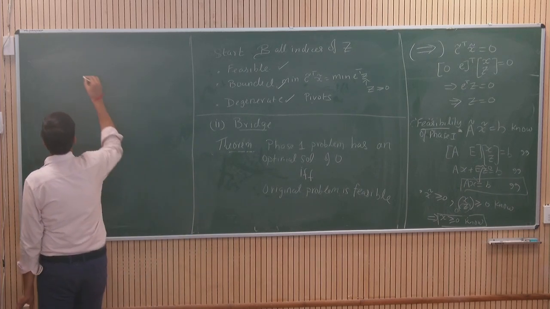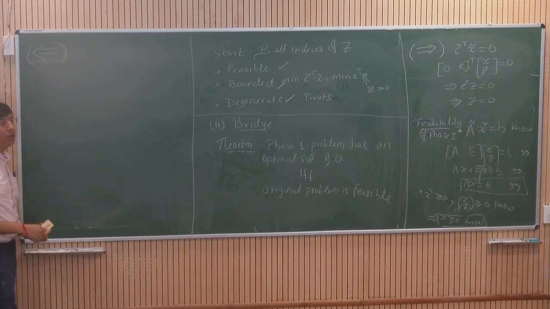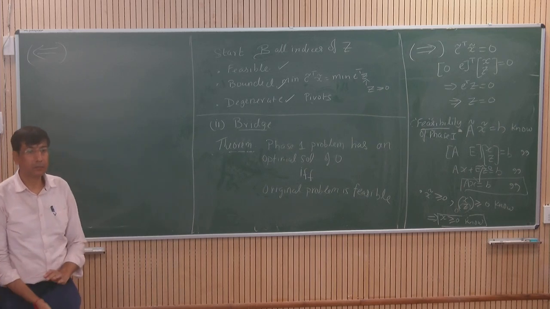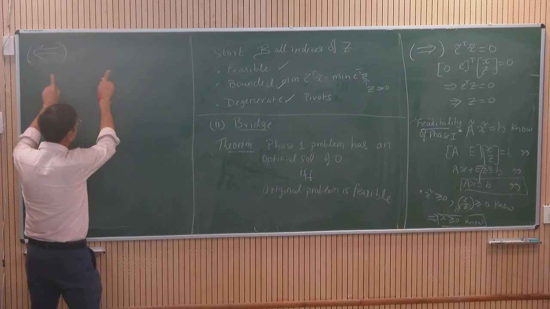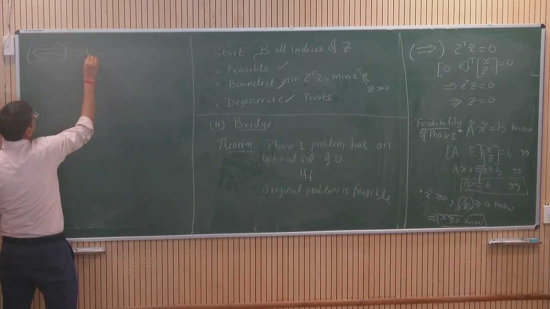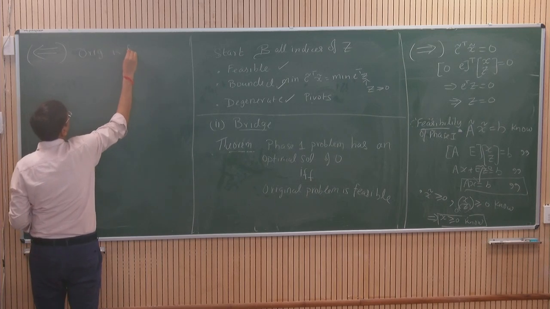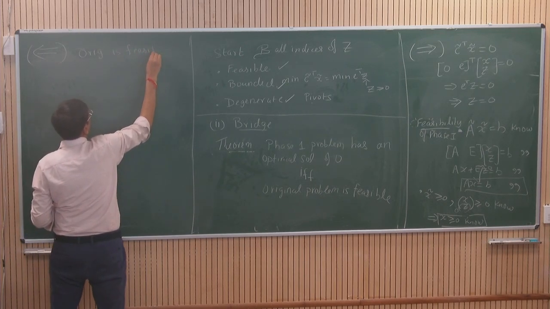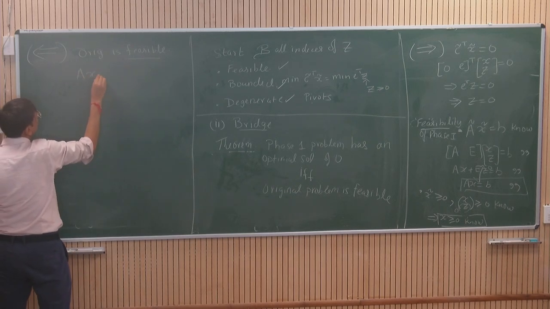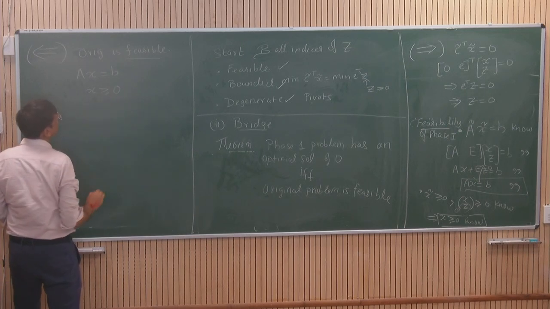Alright, so we do the other direction. You help me with this now. Now you know one direction very easily. What is our starting point? The problem which I just erased, the standard or original problem, is feasible, which implies we know Ax is equal to b and we also know x is greater than or equal to 0.